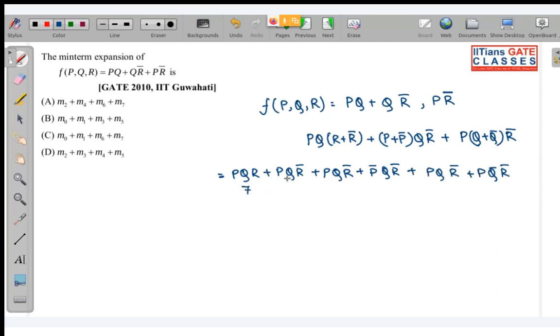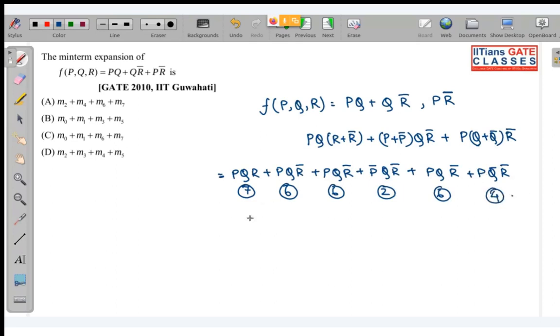So this will be 7. This corresponds to 110. So this will be 6. This corresponds to 110. So again this will be 6. This corresponds to 0, 1, 0. So this will be what? 2. This corresponds to 110. So this will be again 6. This corresponds to 100. So this will be 4.